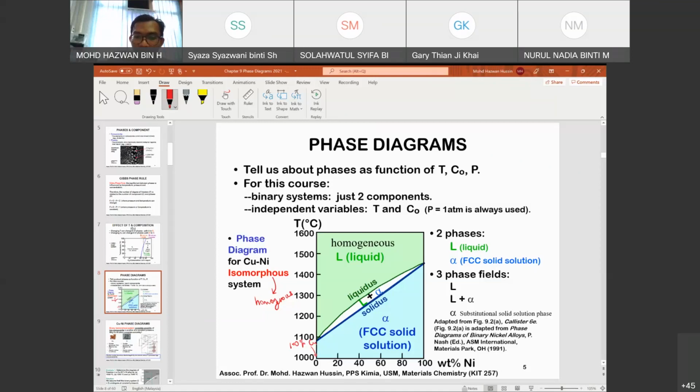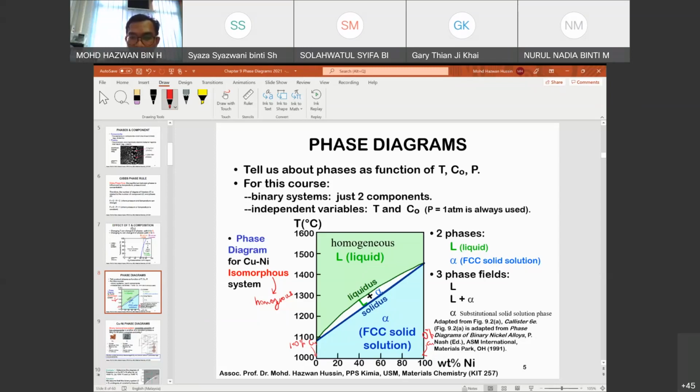So when 0% of nickel, it means that 100% of copper. 20% of nickel, it means that 80% of copper. 40% of nickel, it means that the remaining 60% is copper, and so on, until over here, you have 100% of nickel, or it is actually equal to 0% of copper, right? So from here, you can actually easily read.